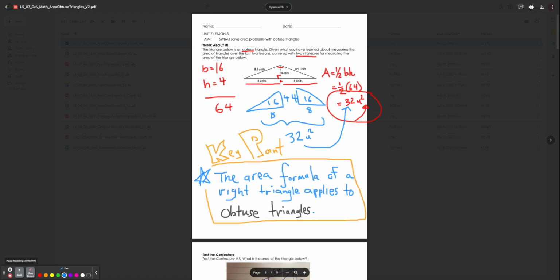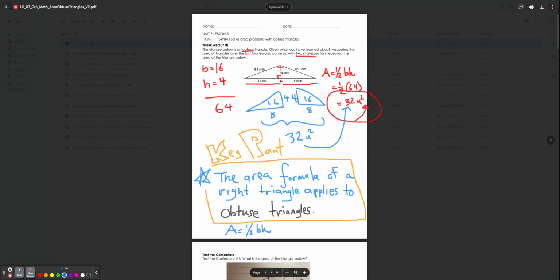Our key point is that the area formula for the right triangle also applies to obtuse triangles. So we can still use area is equal to half of our base times the height. So we're going to still need to be able to identify what the base is, identify what the height is. And if we can know those two things, we'll be able to find the area.